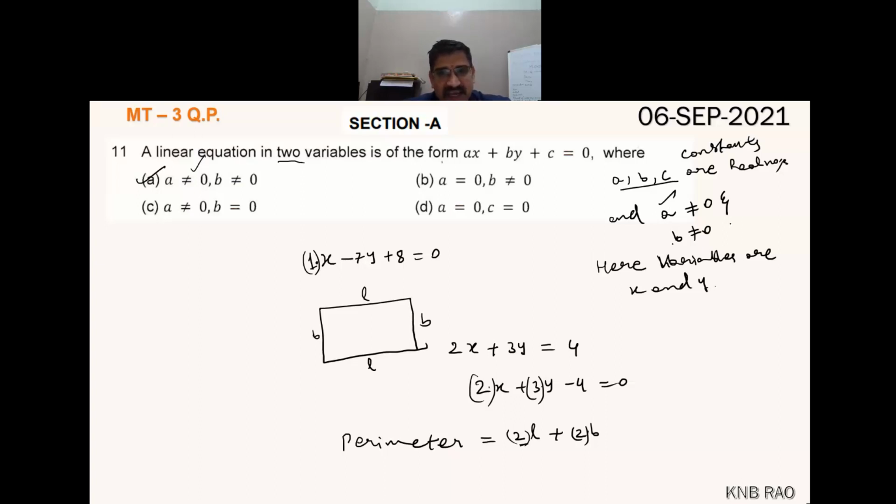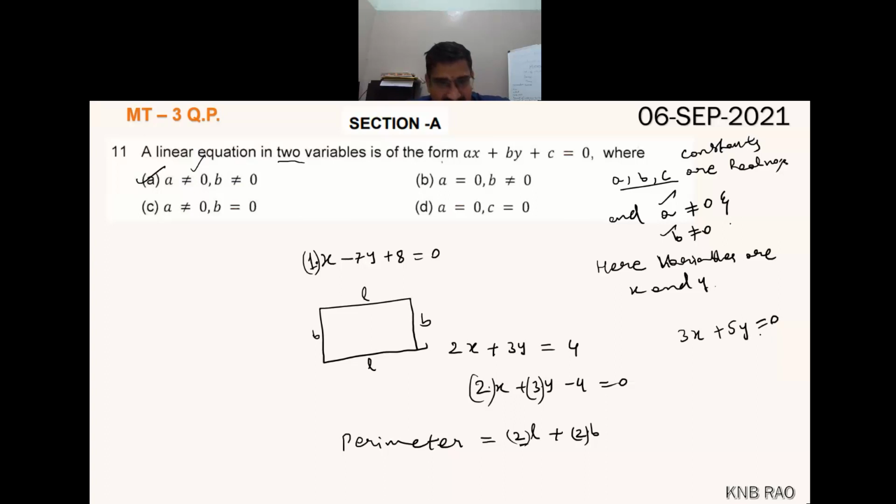Why? Because it becomes a linear equation in one variable. If both are not zeros, then only it's a linear equation in two variables. Can c be 0? Yes, c can be 0. It can be of the form 3x plus 5y equal to 0, where constant is missing.